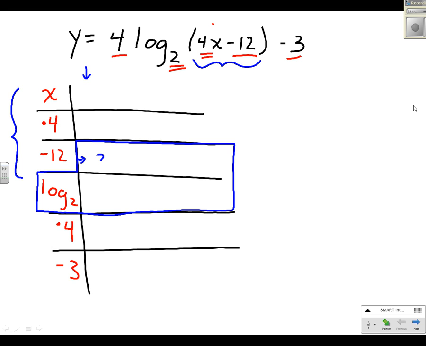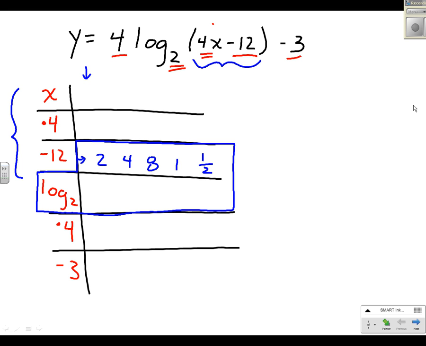So it would be wonderful if this was a 2, or a 4, or an 8, or maybe a 1, because 2 to the 0th is 1, or maybe a 1/2, because 2 to the negative first is 1/2. If I got those values as arguments, now I take log of those.